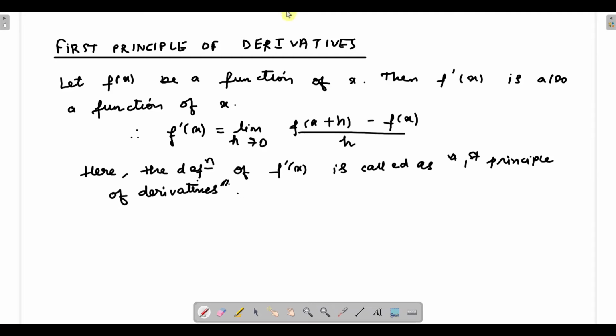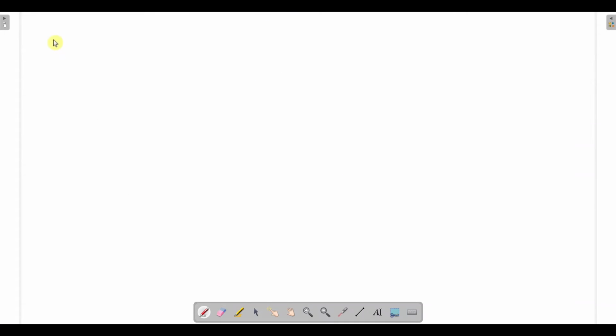Now let us look at some examples related to the first principle of derivatives. The first example is f of x equal to x. By the first principle we have to find the derivative of this function f of x.